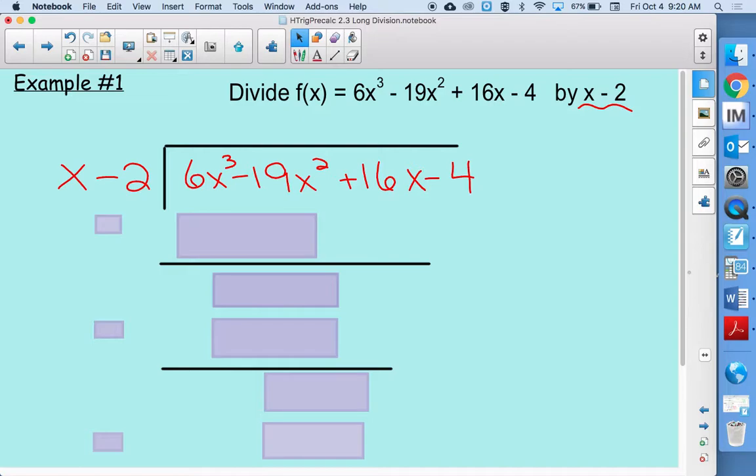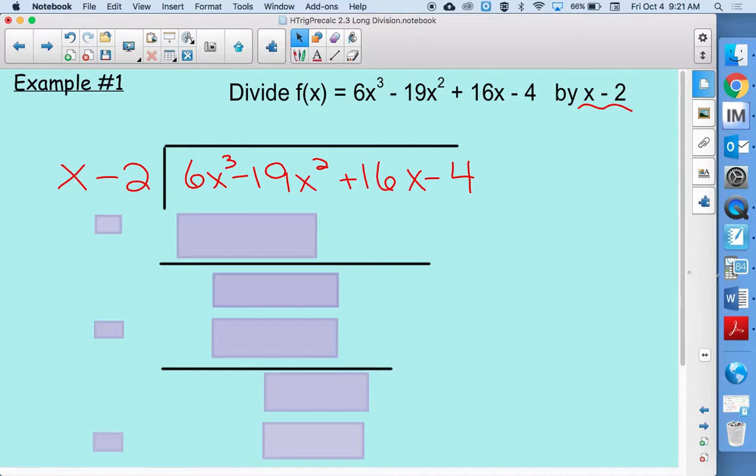Now with dividing variables, it's pretty much the same, but we have to kind of tweak the process a little bit. The negative 2 is not really part of our thought process right now because our goal is to eliminate one term at a time. So when you look at the x minus 2, think that the 2 isn't there.